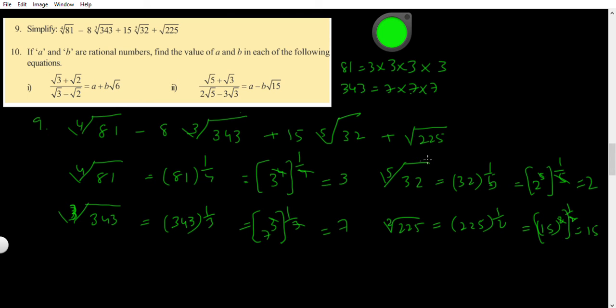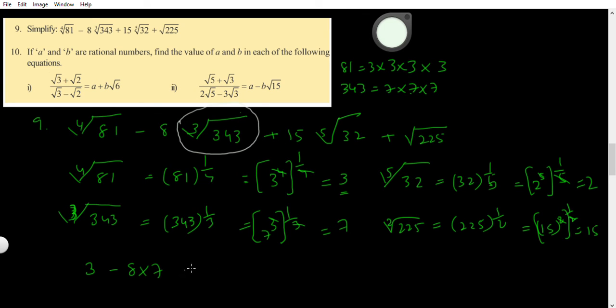Now coming to the given expression. In place of fourth root of 81 we can take 3. Minus 8 times cube root of 343 is nothing but 7, so 8 times 7. In place of this I took 7; I explained clearly how you get 7.